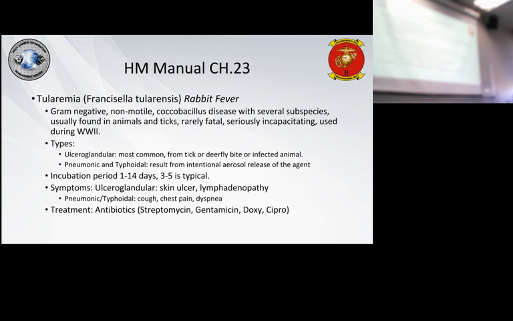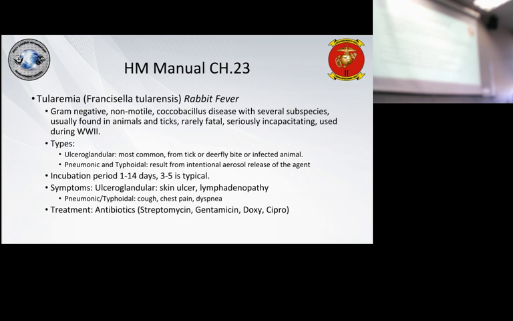And this is tularemia, which is rabbit fever, gram-negative, non-motile. Let's see, rarely fatal, used in World War II. The types are ulceroglandular, most common from a tick or a deer fly bite, pneumonic, and typhoidal, and the result from intentional aerosol release of the agent.